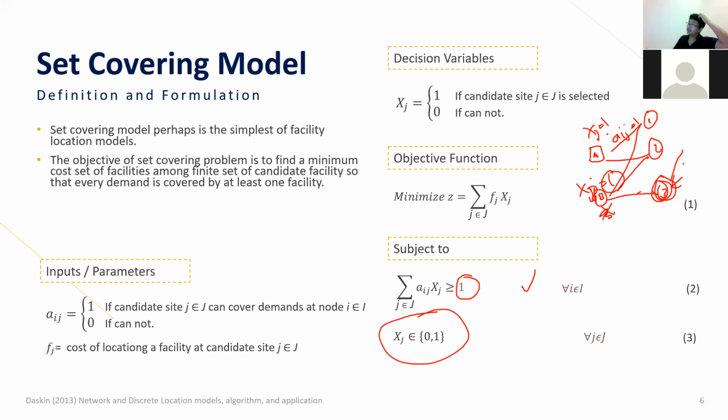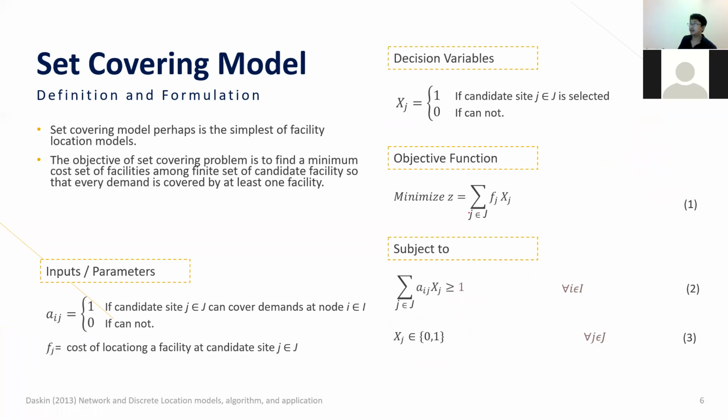And the last one is just an integrality constraint to make sure that the decision variable will be a binary variable, which should be equal to 1 or 0.